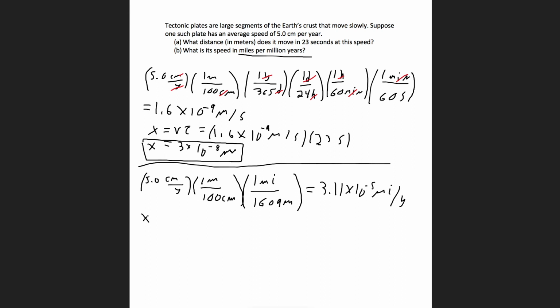Again, distance equals velocity times time equals 3.11 times 10 to the minus 5 miles per year. That's our speed. Times our time, which is 1 million years. We can write that in scientific notation if we like. 1 million is 10 to the 6. So 1 times 10 to the 6 years.